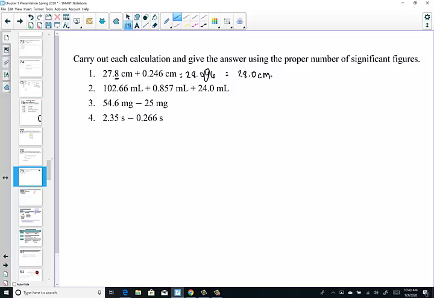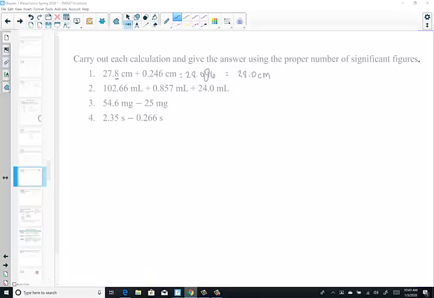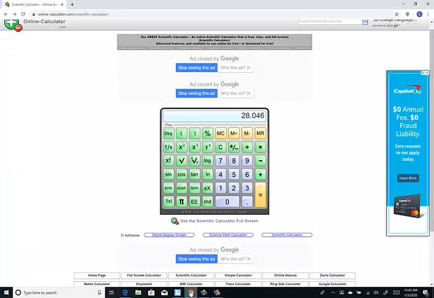Let me hit 102.66 plus 0.857 plus 24.0. When you hit that on your calculator, you get the following value: 102.66 plus 0.857 plus 24.0.